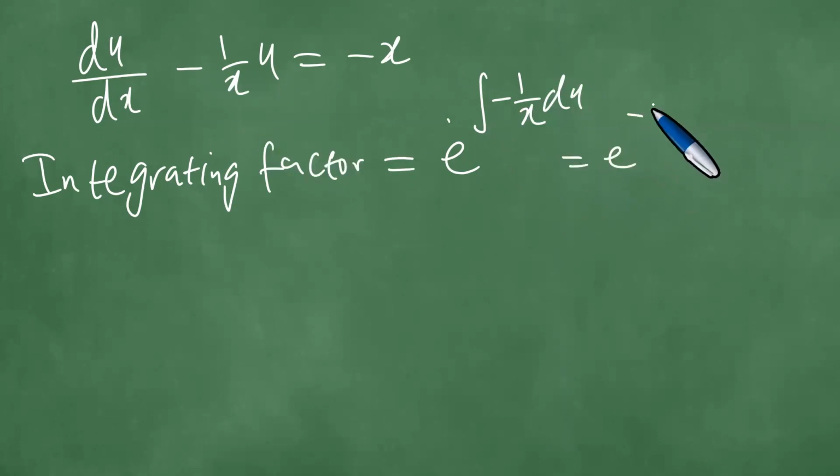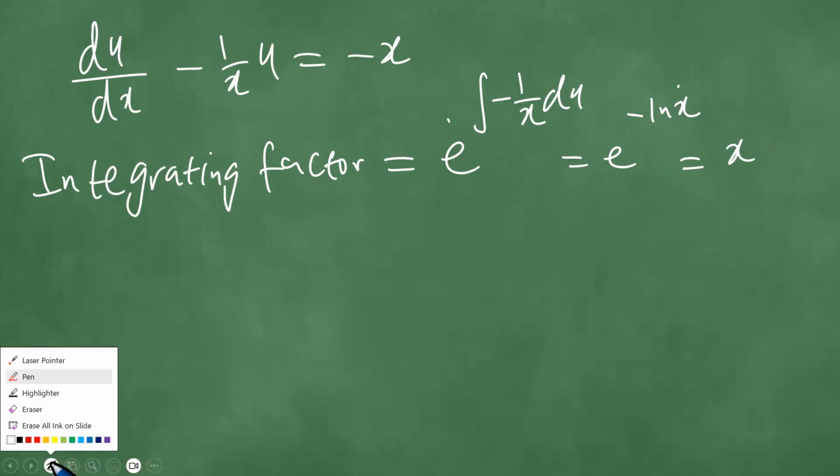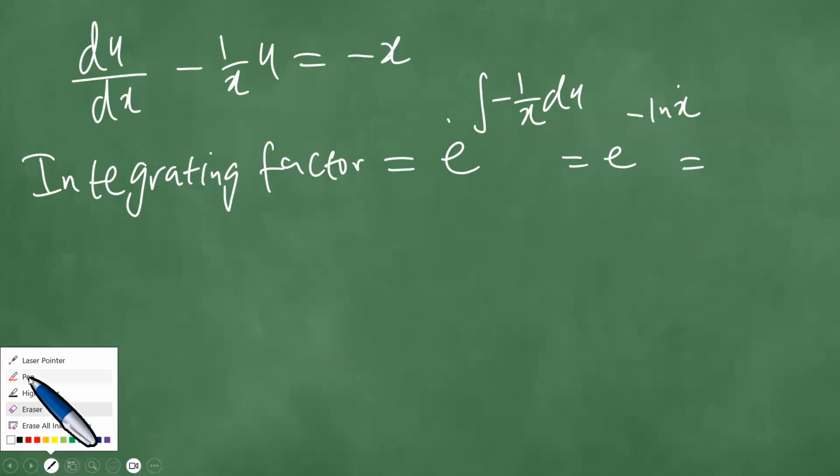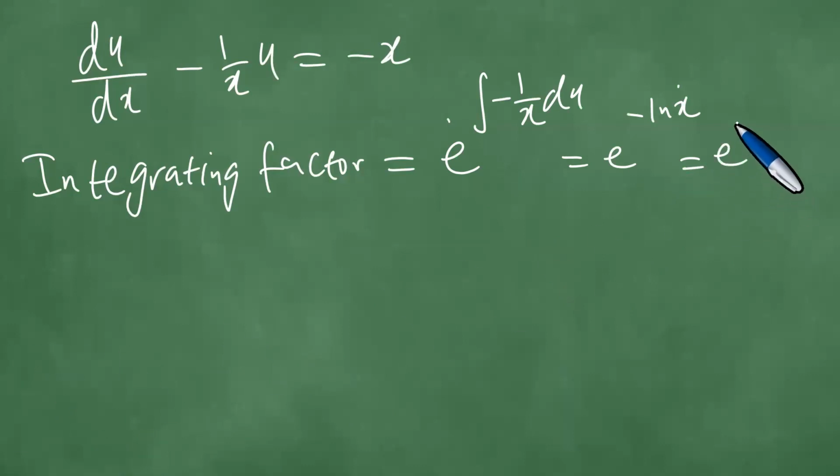And this is minus the natural log of x. Let's first write one intermediate step here. So we can see that this is e to the ln of x to the minus 1, and this is x to the minus 1, like so.